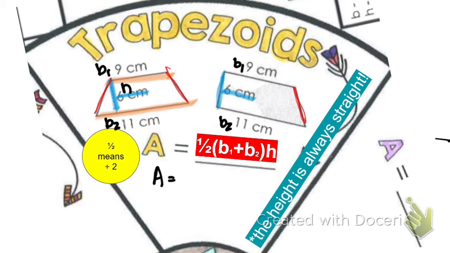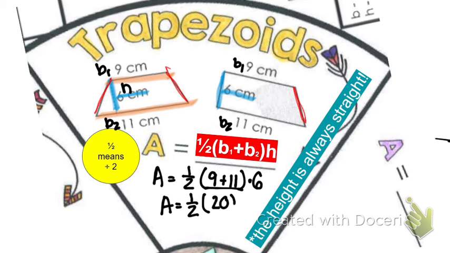So area equals 1/2, and then in parentheses, I'm going to add both of my bases. So I have 9 plus 11 times the height, which is 6. This is still following order of operations, so we have to do the adding in the parentheses first. So area equals 1/2, and then 9 plus 11 is 20 times 6.